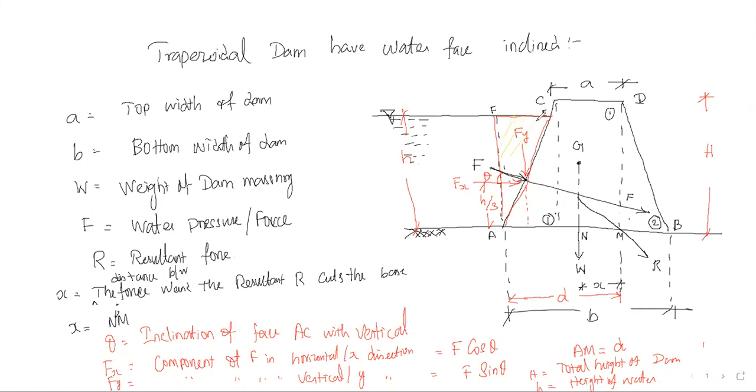It will be maximum where? From the apex, it will be maximum at 2/3 of this distance EF. So there it will be maximum.